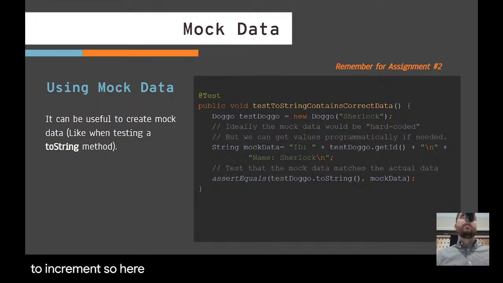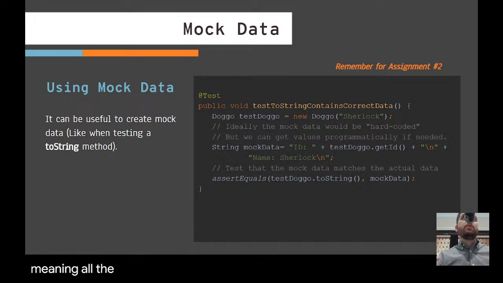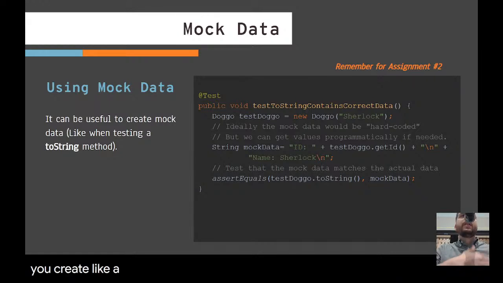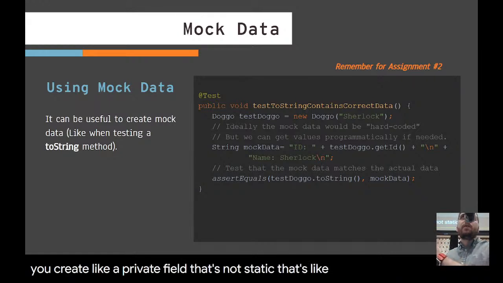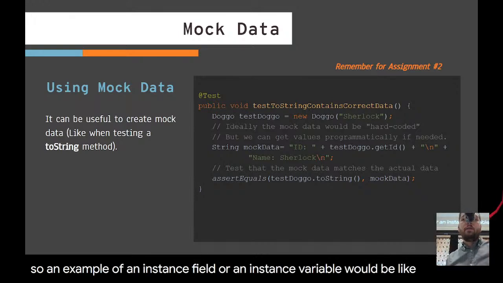So here's a way to think about it. All of the instance fields, meaning all of the fields that only exist when we create an instance of the class. So if you create a private field that's not static, that's an instance variable. An example of an instance field would be the doggo's name, Sherlock.